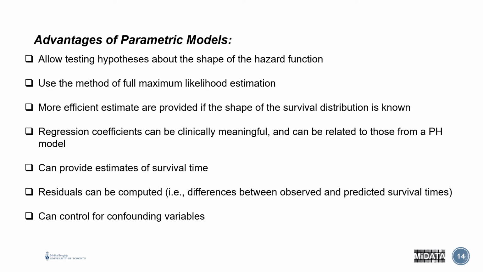So what are the advantages of parametric modeling and survival analysis? Now, in the previous slide, we mentioned that you need to make assumptions about the shape of your distribution or your hazard function or survival function. And if you make the correct assumptions and your data fits the distribution that you have hypothesized, then you have a strong model.